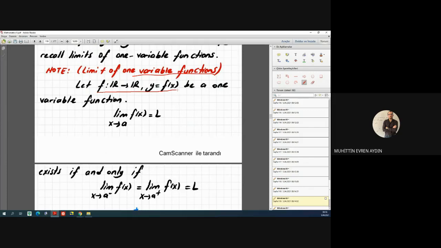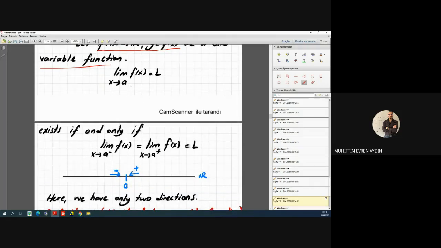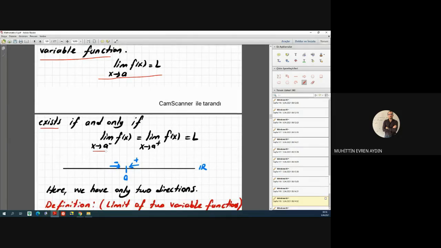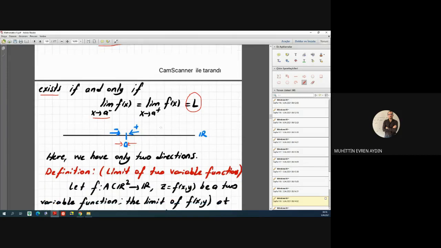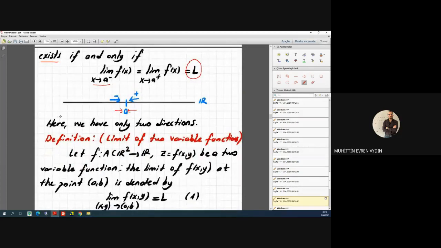Okay, let's recall the limit of one variable functions that you know already. Let y equals f of x be a one variable function. This limit exists if and only if the approach from the left side to a and from the right hand side to a both exist and are equal.